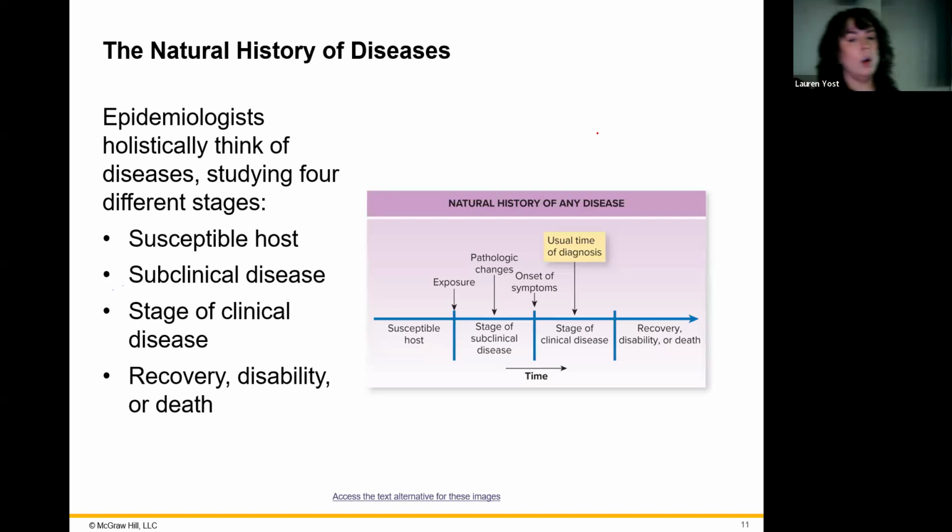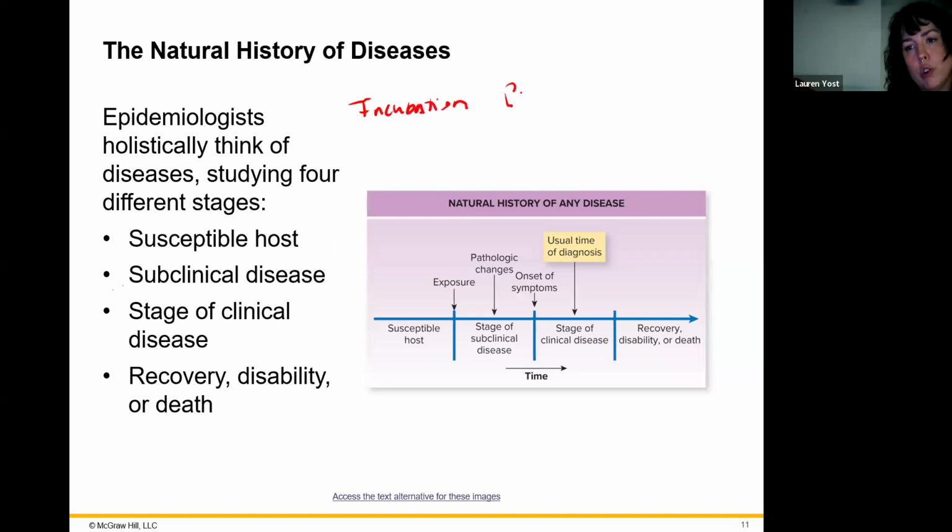All right, we have a way to basically look at the progression of an outbreak or disease, which tends to follow actually the symptom curves that we were talking about previously. So you remember what we had talked about was incubation, and then prodrome, and then acute, and then of course I ran out of space, so convalescence.